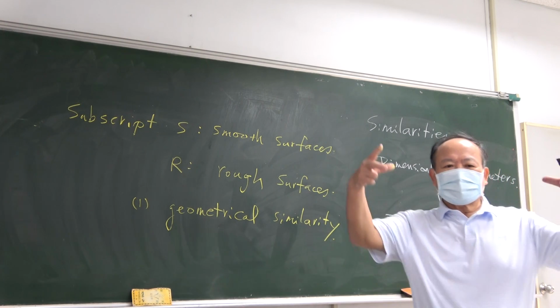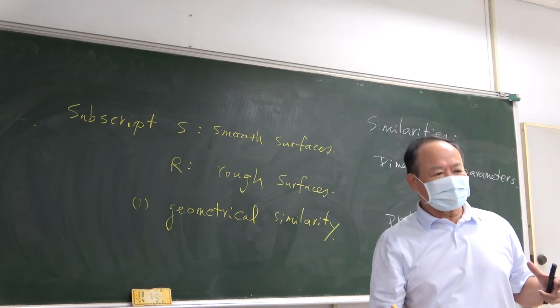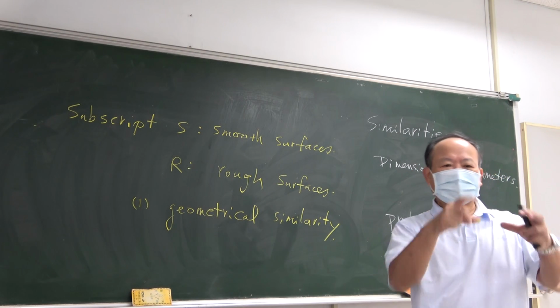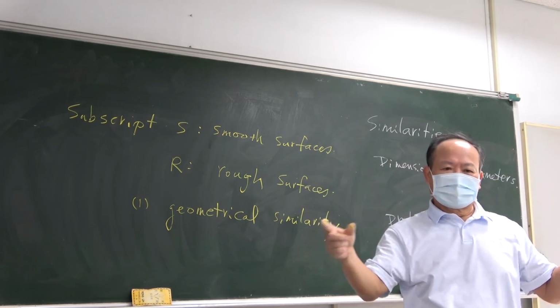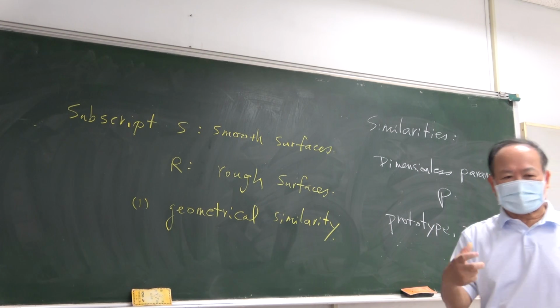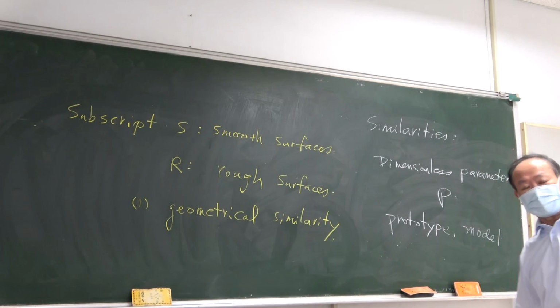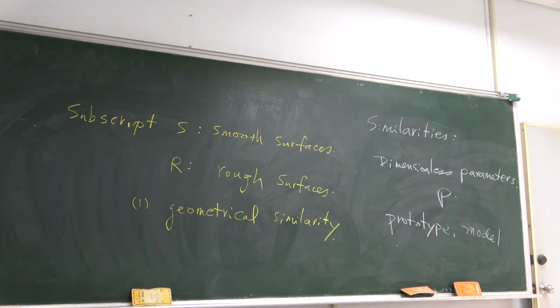Maybe the prototype and the model's size is different, but the shape is the same, 形状是相同的，大小 size may be different. So we call it the geometric similarity.